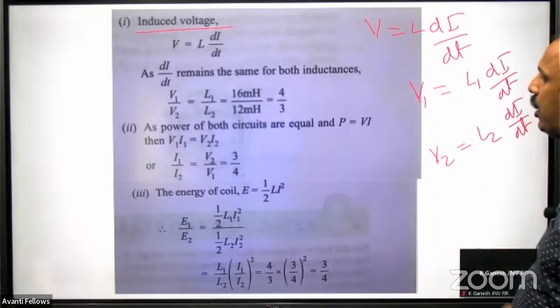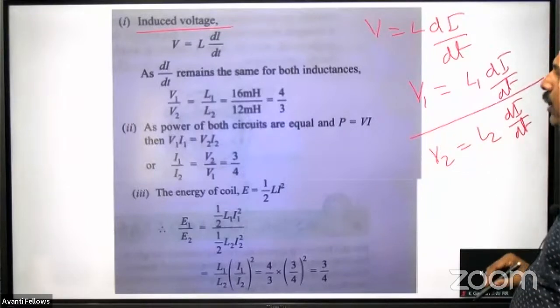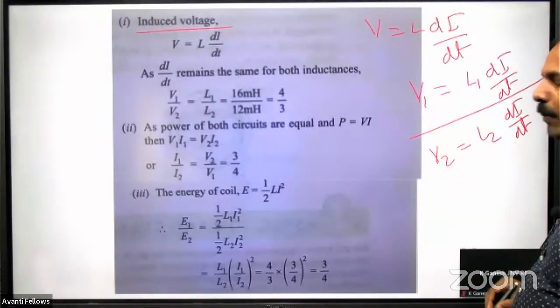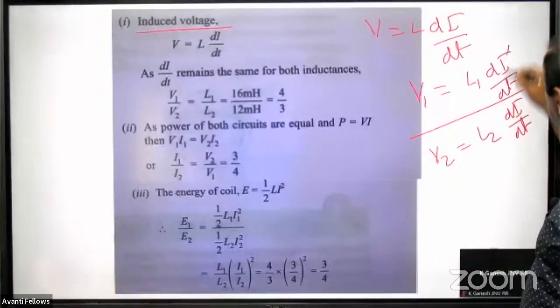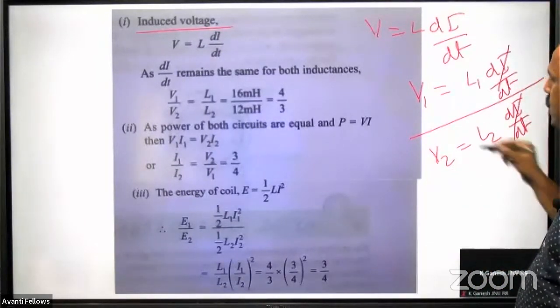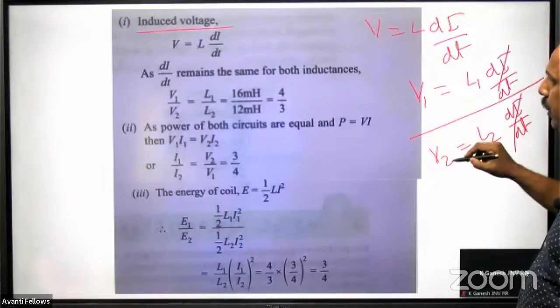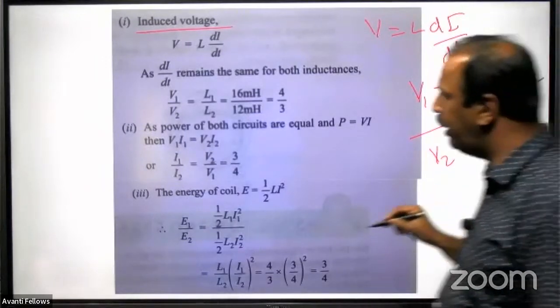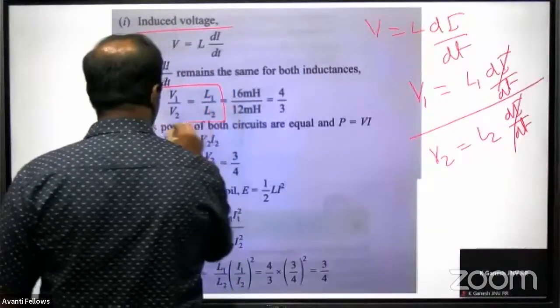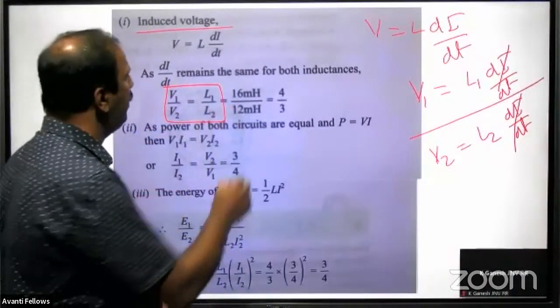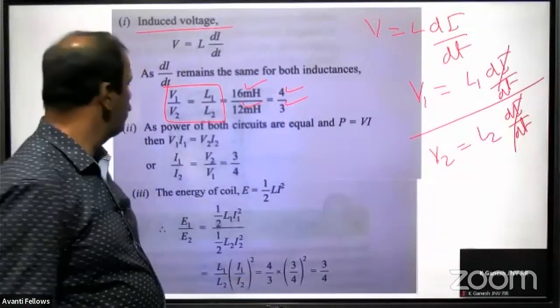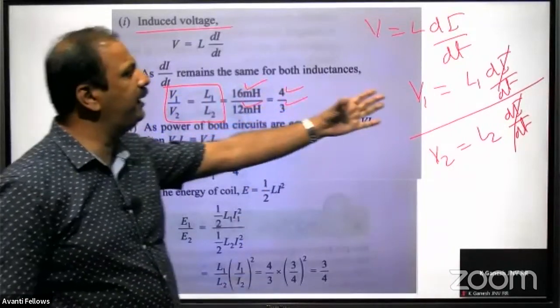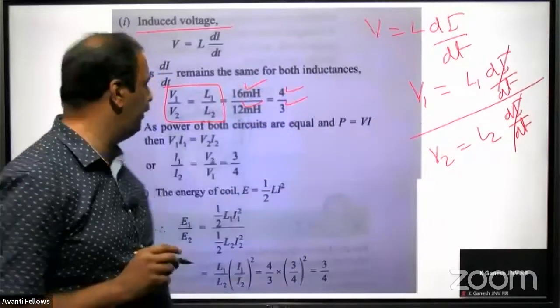Now divide them. Already it is given that di by dt is the same, so it cancels. Then V1 by V2 is equal to L1 by L2, which is 16 by 12, that is 4 by 3. So for the first part, by taking the equations and dividing, you get it.